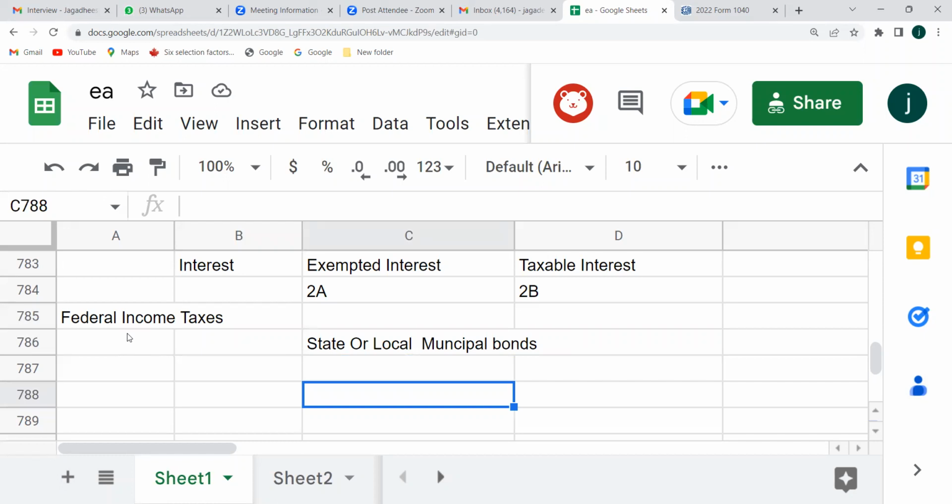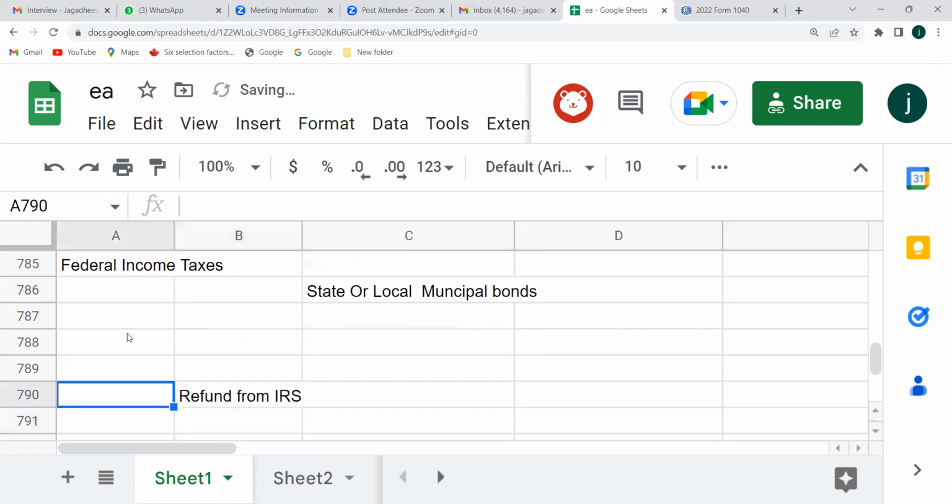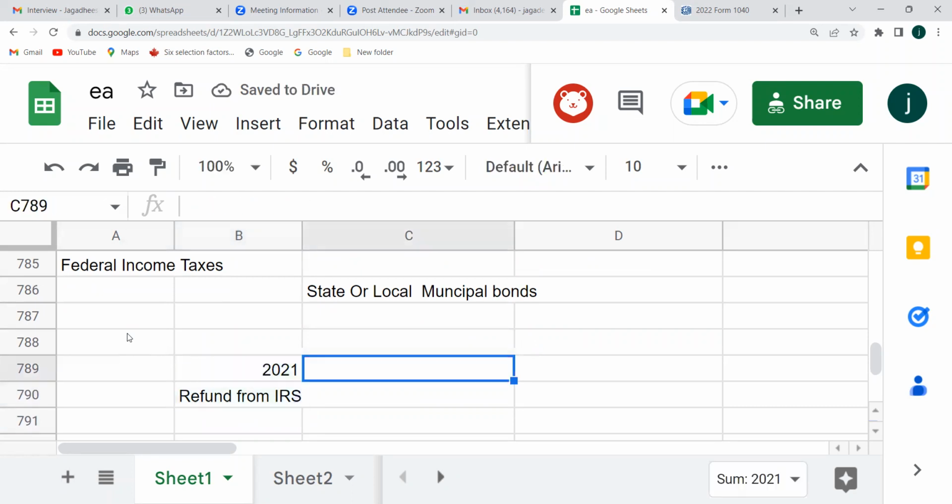Another point here: by any chance you are getting a refund from the IRS. You filed for the 2021 year, and you are supposed to receive a refund from the IRS.